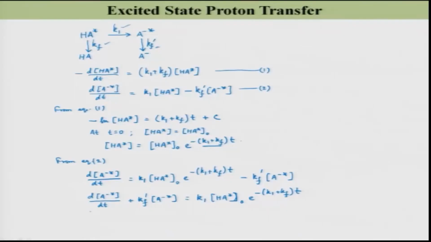Then this whole differentiation I can write as d/dt of A minus star e to the power Kf prime times t equals K1 HA star 0 e to the power minus K1 plus Kf times t, into e to the power Kf prime times t.